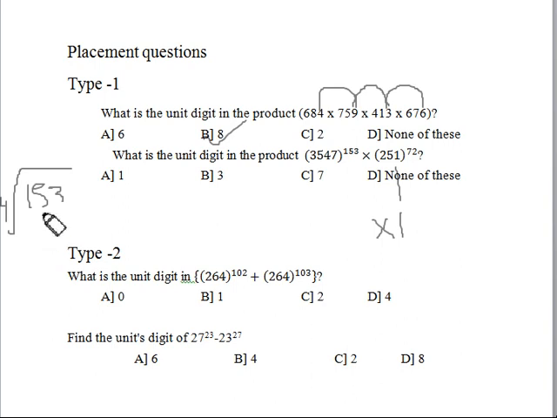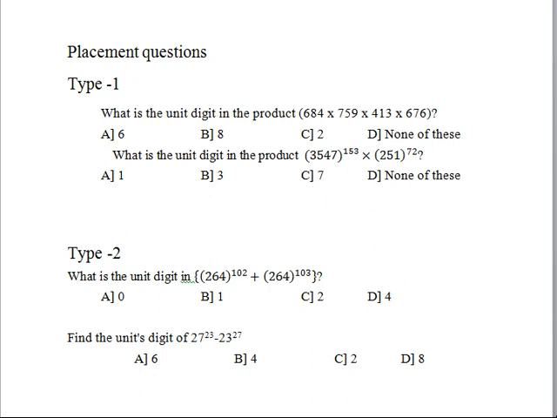We know the divisibility rule of 4: if it were 152 it would be divisible, but it is 153, so the remainder would be 1. In the cycle of 7 we take the first number, which is 7. So 7 into 1, the answer would be 7 in this case.